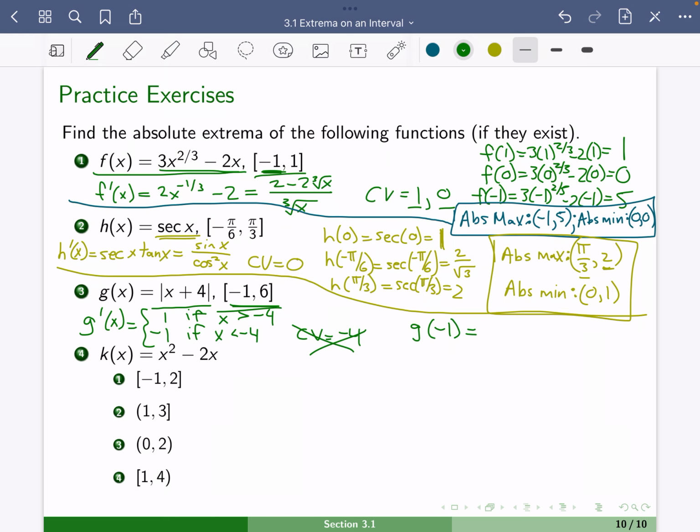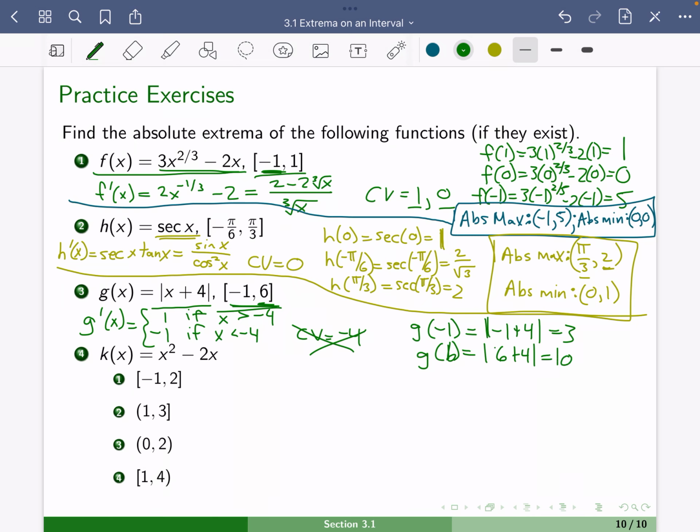So plug in -1, and we get 3. Plug in 6, the right-hand endpoint, and we get 10.